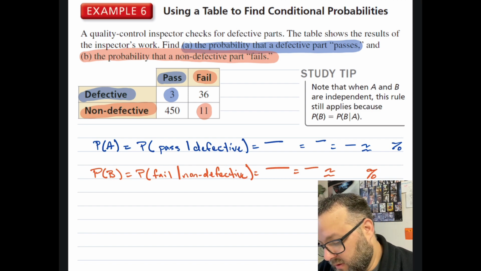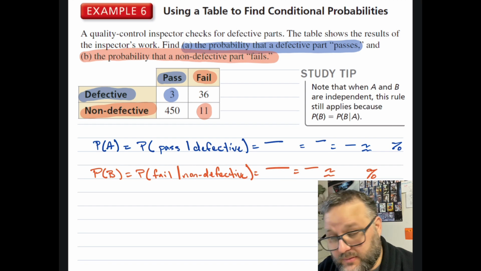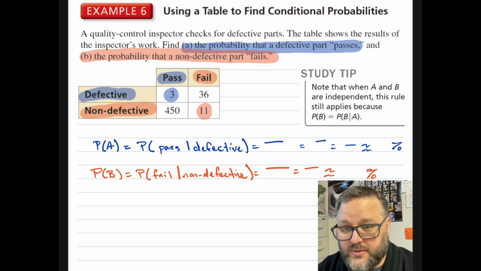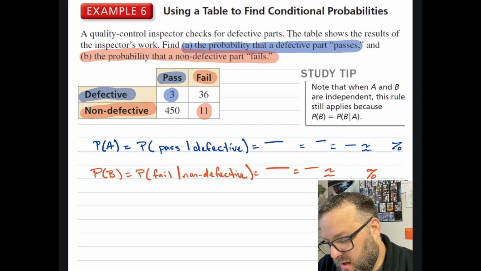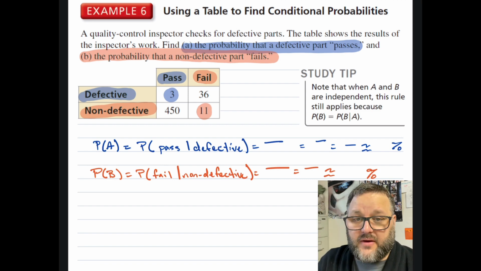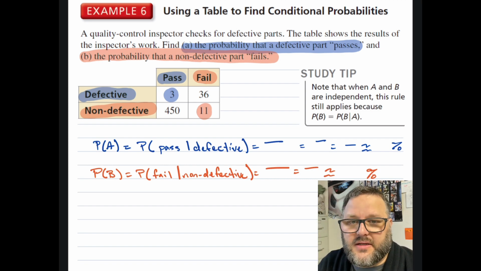So the defective part got shipped, meaning it got passed 3 times, but the defective part failed, meaning it got caught. It did not get shipped 36 times. And they know that because they get feedback from a store, because a customer buys it and the store goes, hey, we got to return this, it's defective.